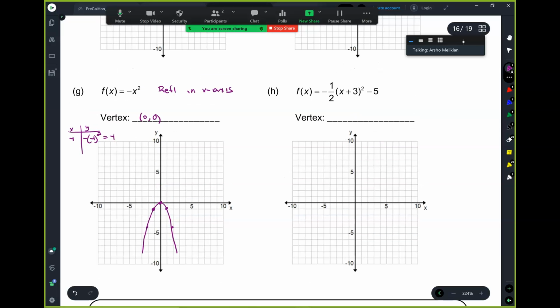Okay, look at that one. How exciting is that one? Right? So it moves where? Left or right? Left and down. And there is a reflection, and there is a vertical what? Stretch or compression? Compression.